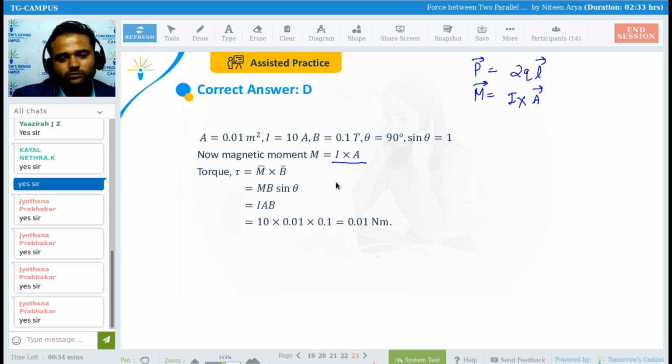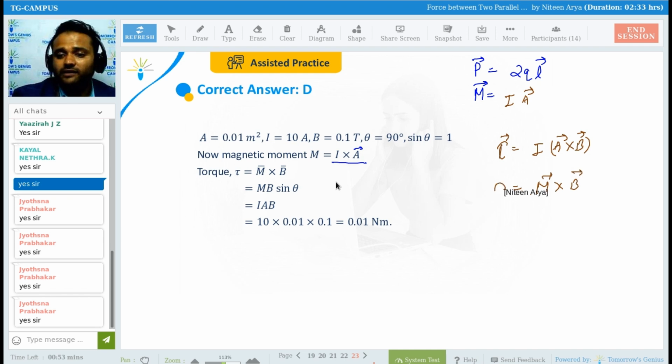So you can use this formula also. Torque tau equals M cross B, instead of I cross A. When I put this, torque tau equals I A cross B. So I can write M cross B, as simple as that.